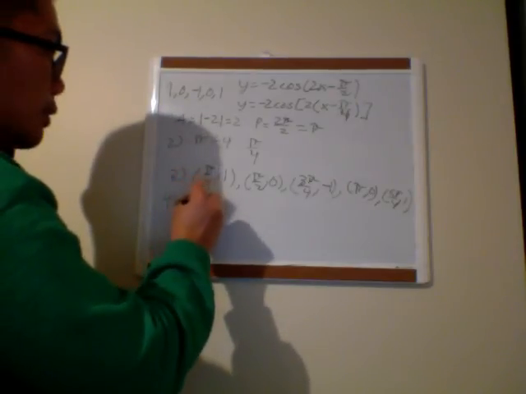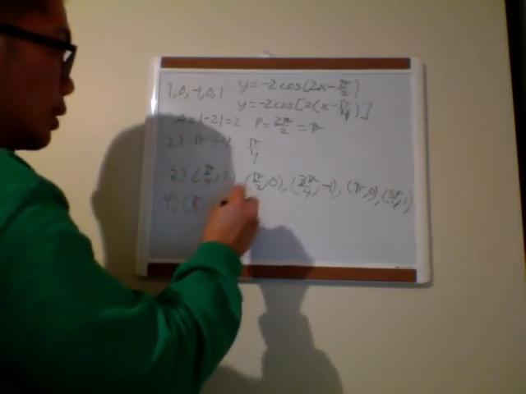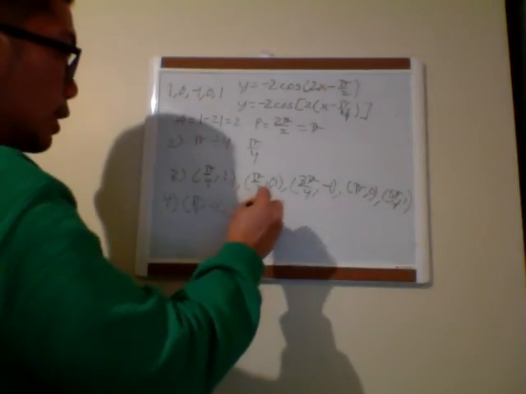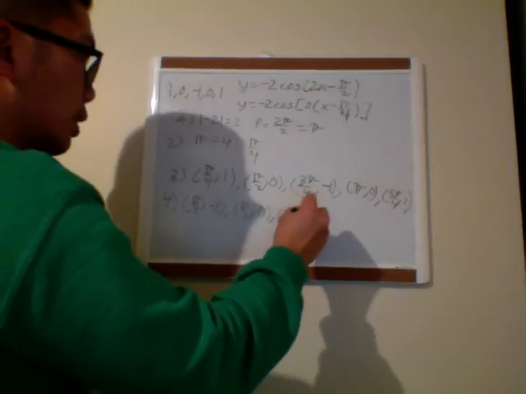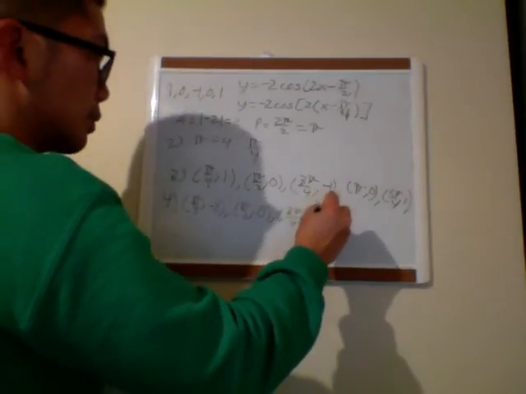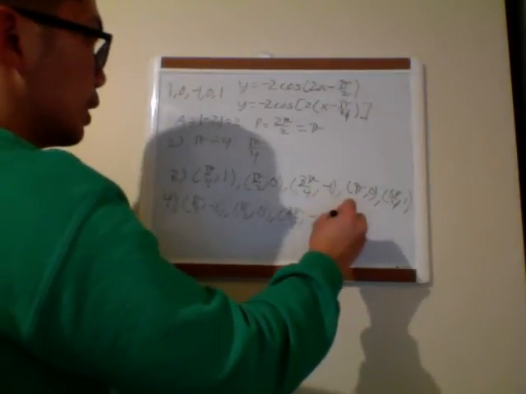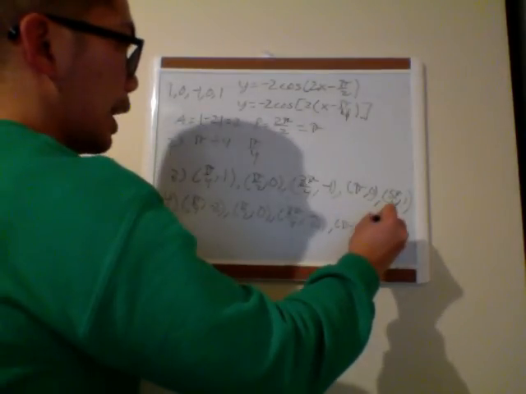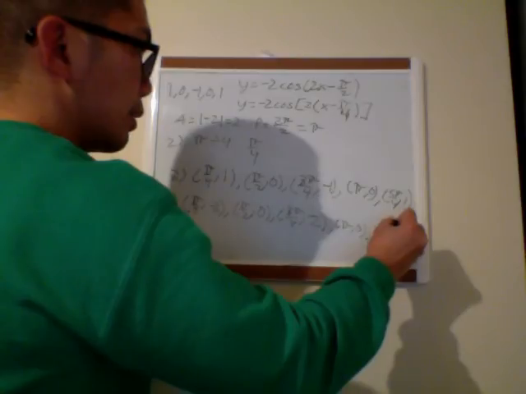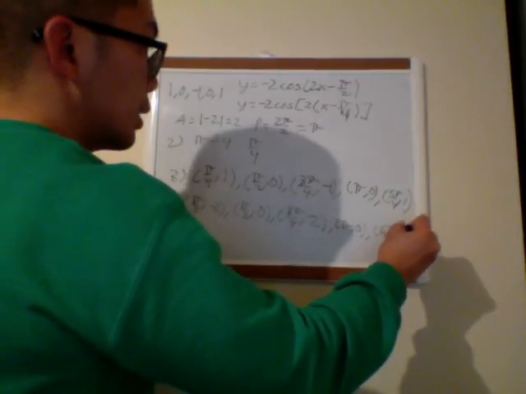So this is pi over 4, -2; pi over 2, 0; 3 pi over 4, positive 2; pi, 0; and 5 pi over 4, -2.